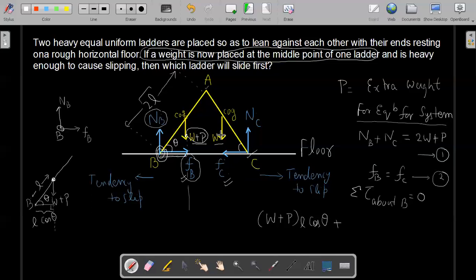Plus another torque will be by the weight W of ladder AC. So that weight W of ladder AC multiplied by the perpendicular distance of the line of action of this weight W. If you calculate its distance from point B, then it will be 3L cos theta.